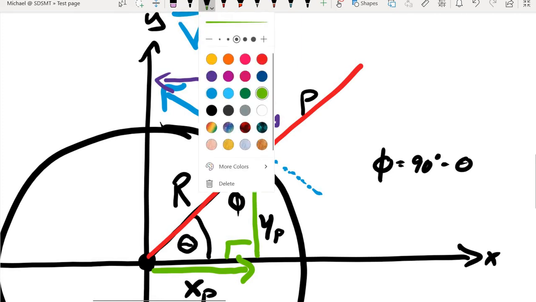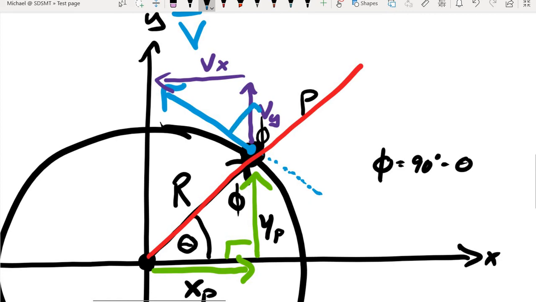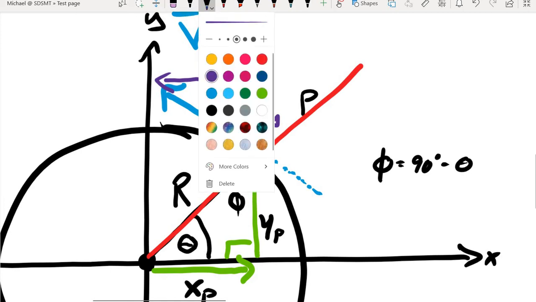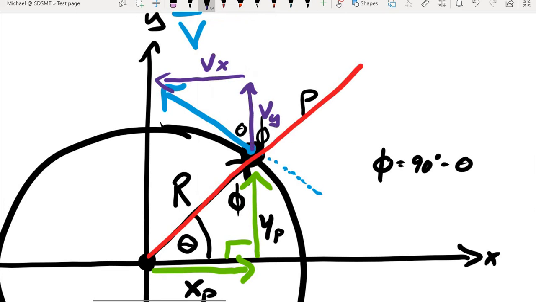But if we remember what we said just a moment ago, everything over here has to be 90 degrees, and so phi and 90 degrees, the difference in those is just theta. So this is just a quick reminder of how our geometry is going to help us essentially map out what's happening inside these vector problems.